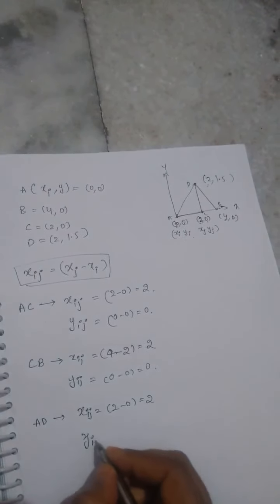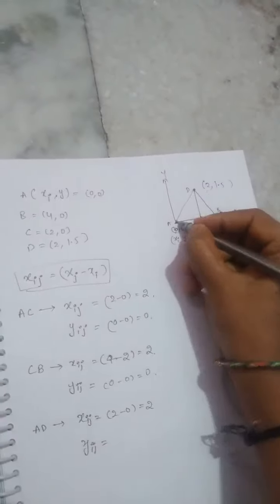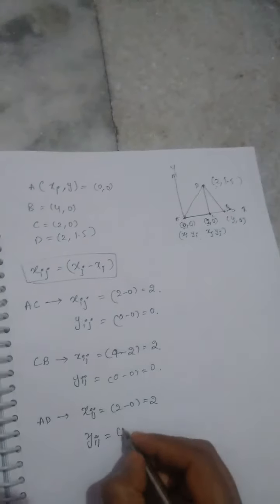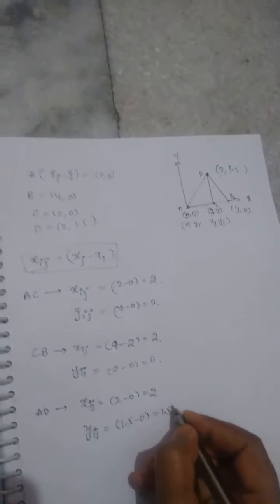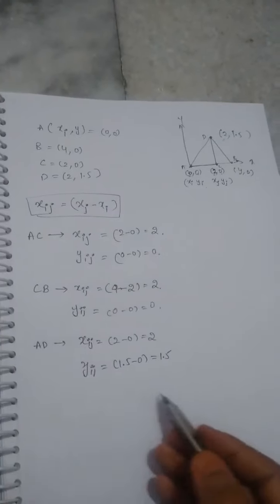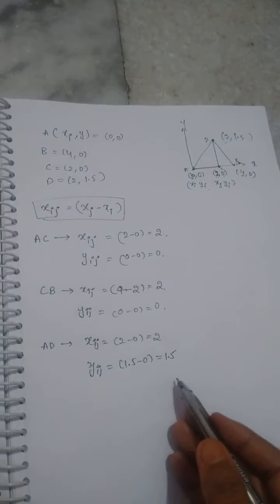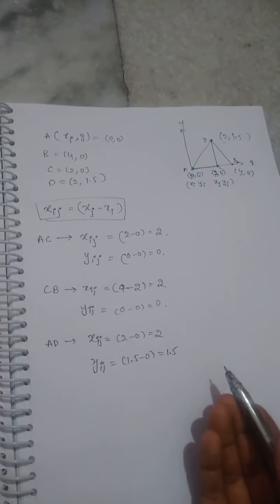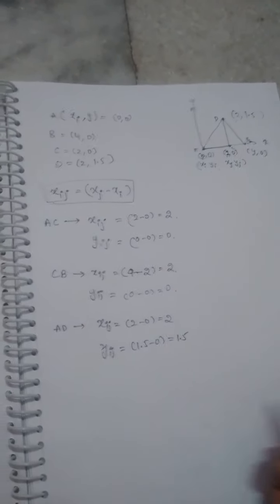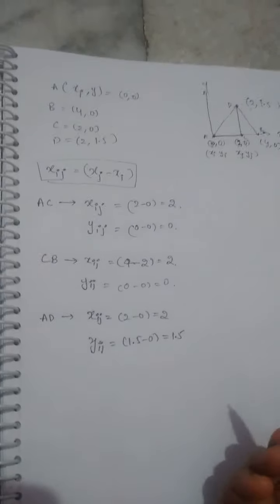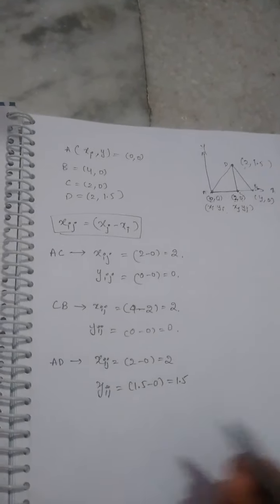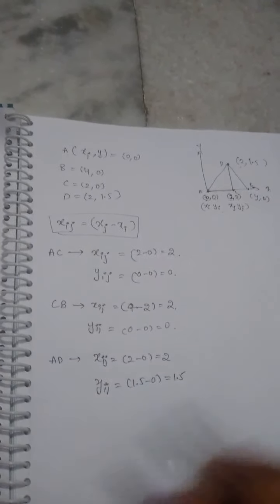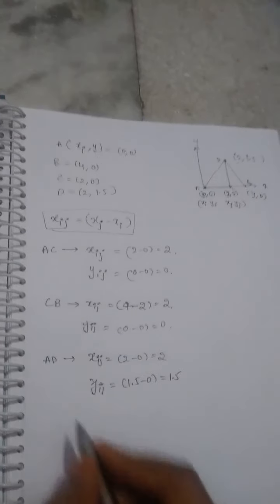And yij is 0 and 1.5, so 1.5 minus 0 will be 1.5. You can also take the difference as 0 minus 1.5, but don't consider the signs, whether positive or negative. We are measuring the distance, so there is no need of sign convention. We need the length, right?